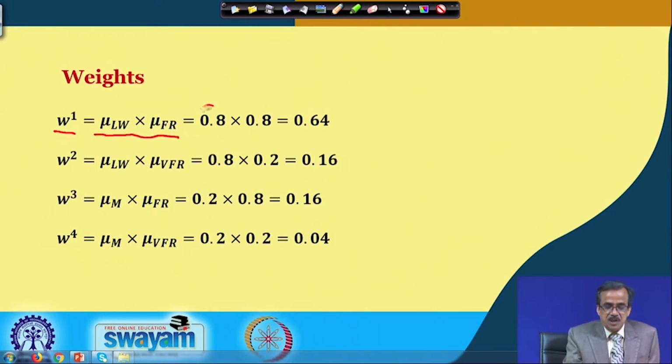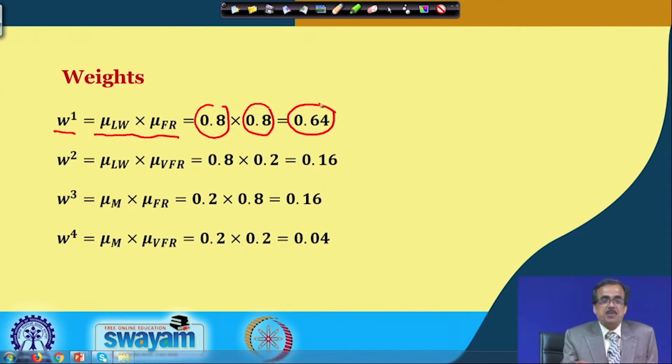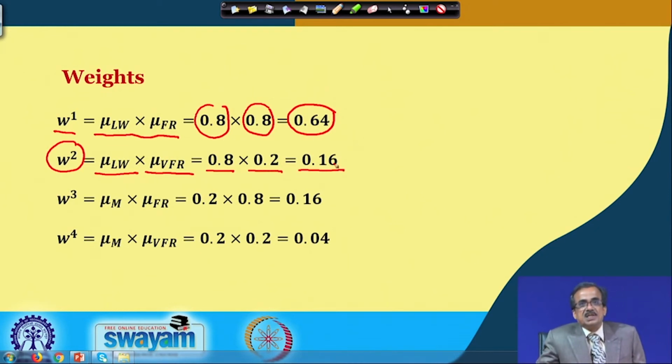Now, mu low is 0.8 and mu far is once again 0.8, and if you multiply, you will get 0.64. Similarly, corresponding to the second fired rule, we can find out the weight, W 2, which is mu low multiplied by mu very far, that is 0.8 multiplied by 0.2, and that is 0.16.